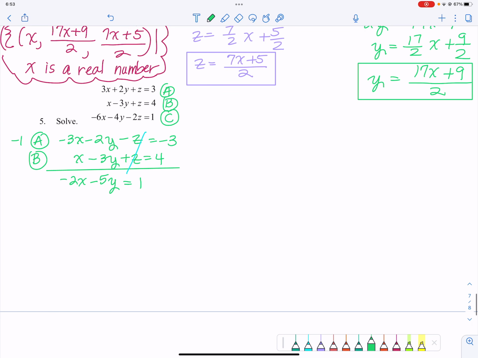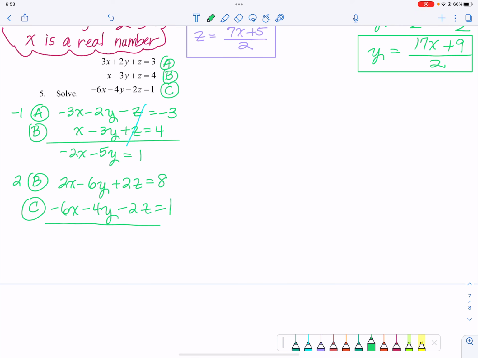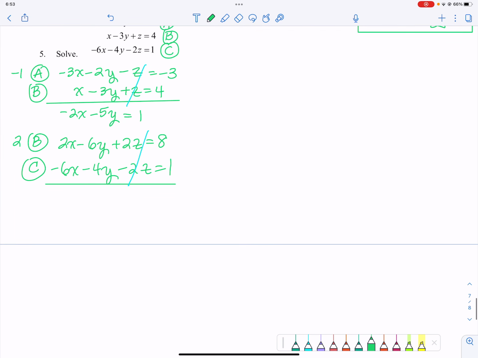So we could use 2 times equation B to eliminate z and just use C. So we have 2x minus 6y plus 2z equals 8. And we'll just write down C. And as you can see, we've eliminated z again. And so we have negative 4x plus 2y equals 9.